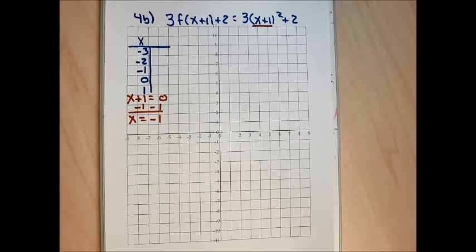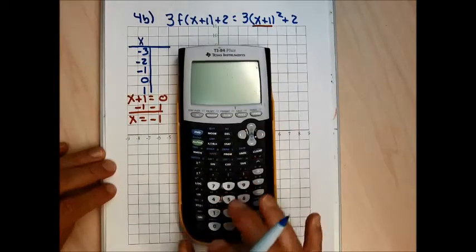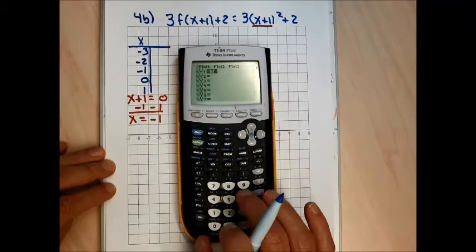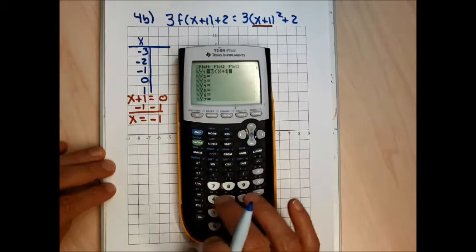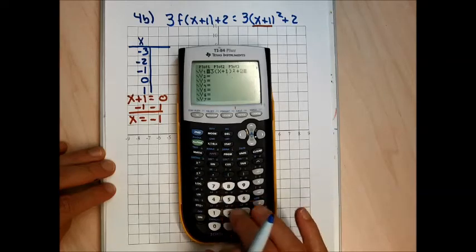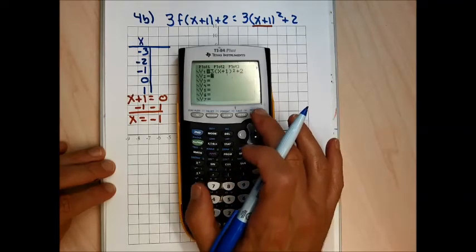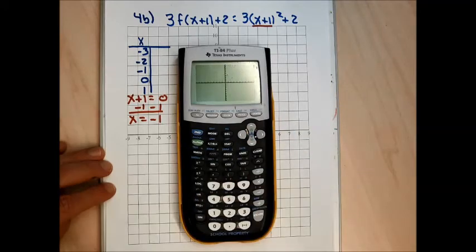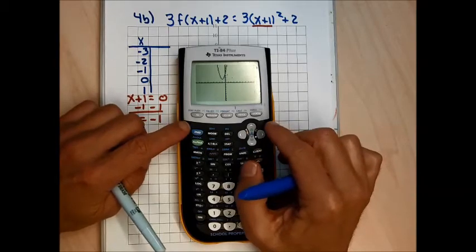So now I'm going to get the y's, and I'm going to use my calculator. On my calculator, I'm going to go y equals, clear the stuff that's in there, 3 parentheses x plus 1 squared plus 2, and then do zoom standard because my table might not be in a good position right now. So to graph that parabola, it's a narrowish parabola for me compared to x squared.